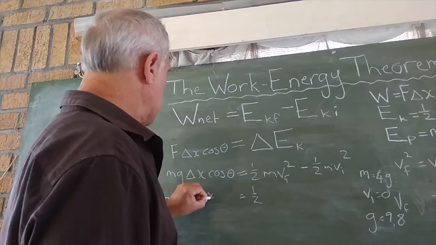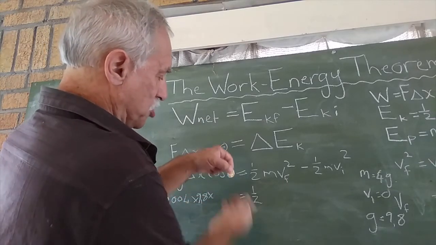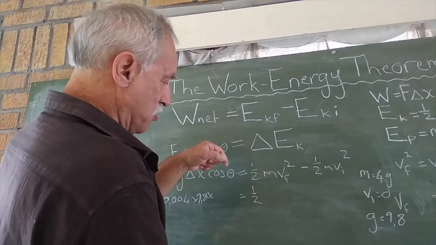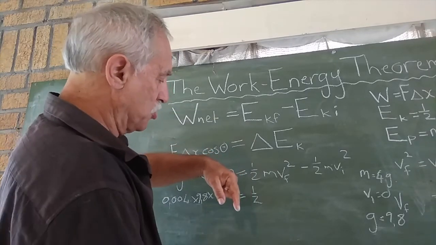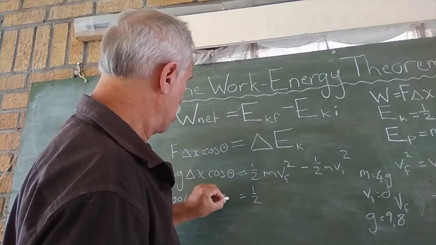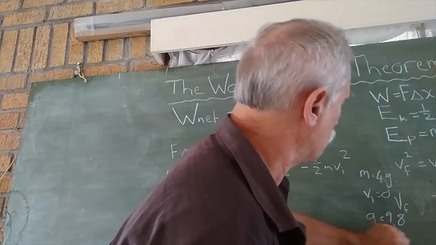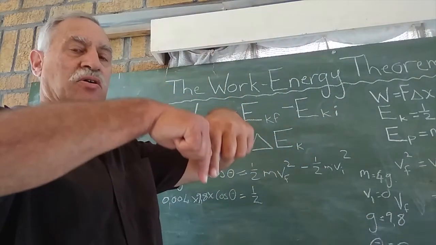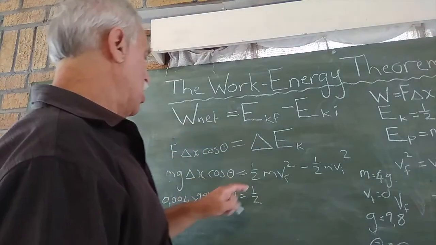Times 9,8 times, now force and movement are in the same direction. The force of gravity is down and the coin moves down. So there's no angle between movement and force. So it's times cos of 0. Theta in this case is 0. There is no angle between the movement and the force of weight. This equals a half.